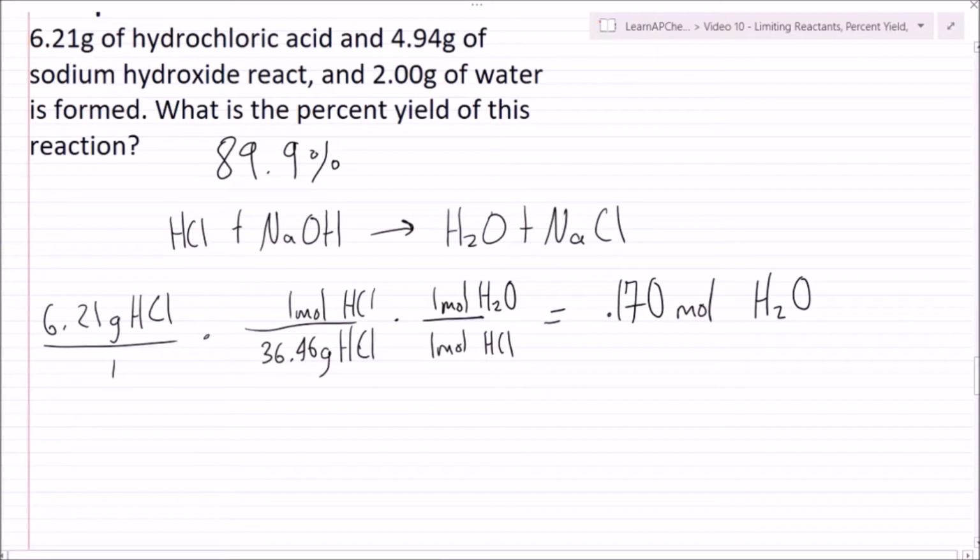Now let's pretend that 100% of our sodium hydroxide reacts. Our molar mass here is 40 grams per mole.